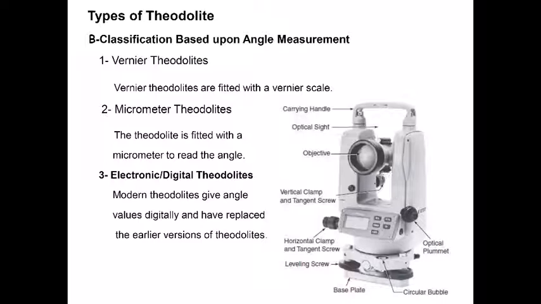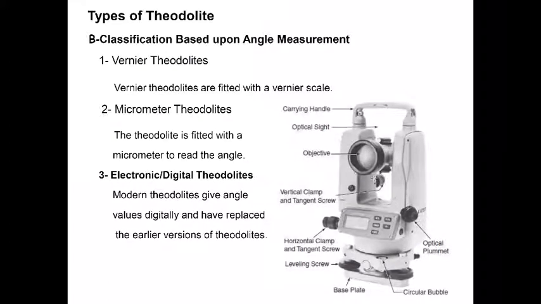Like we discussed earlier in the case of the auto level, when you look through your telescope, you get an enlarged view. And sometimes you have to change your view just by a small amount. Let's say you are trying to bisect a ranging rod, but you need to move your instrument left or right just a little. But since you are looking at a large view, by moving it just a little, the image moves by a lot, and you miss the bisection.